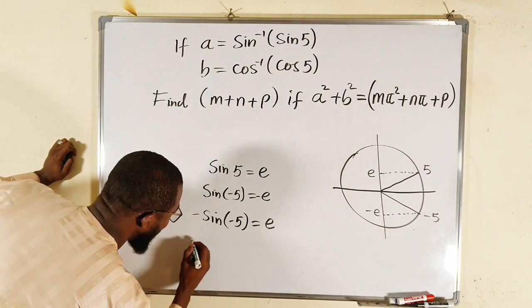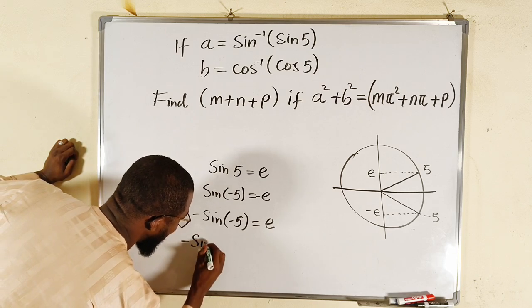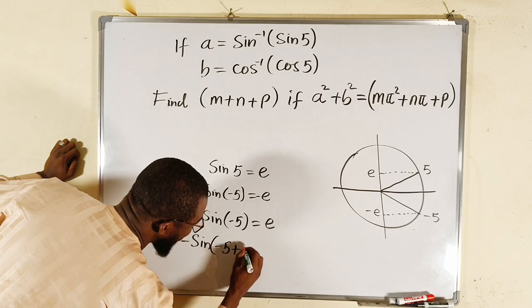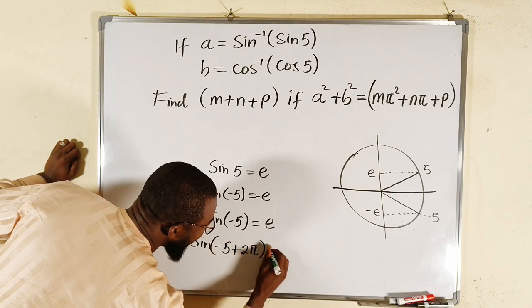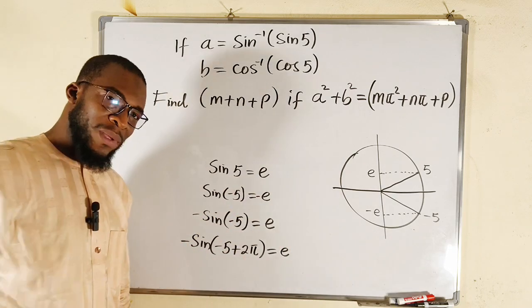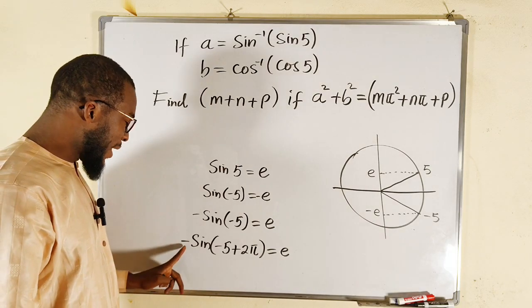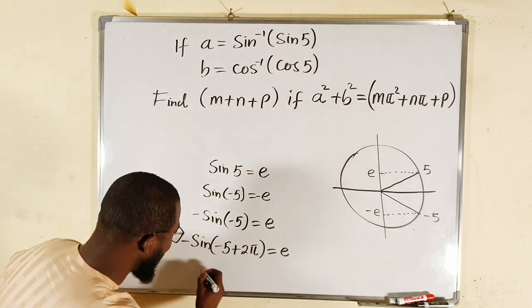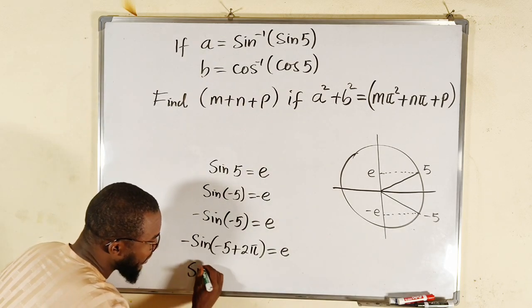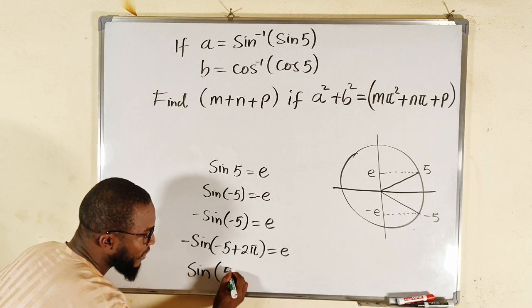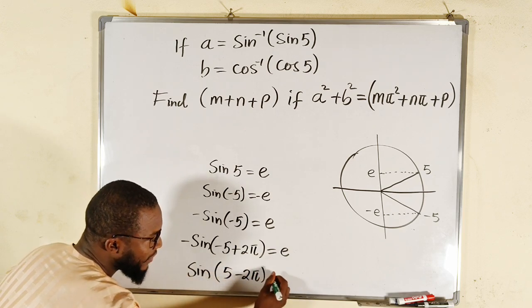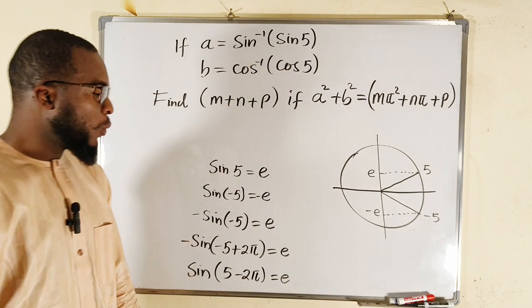It's all the same. So we have negative sine of -5 plus 2 pi. It will remain equal to E. And according to the rule, we can take this negative sign inside. It is allowed in sine. So this will be sine of 5 minus 2 pi, and this will remain equal to E.